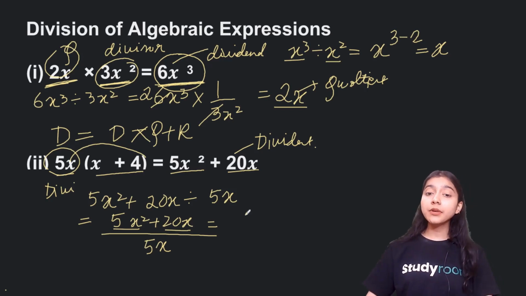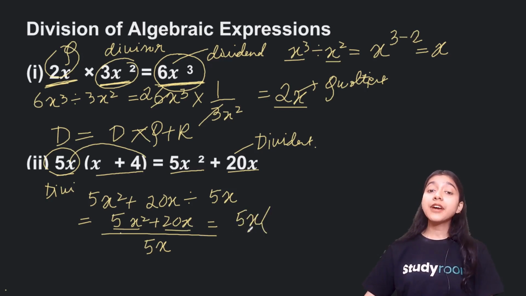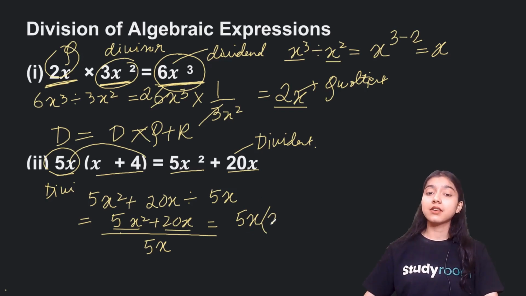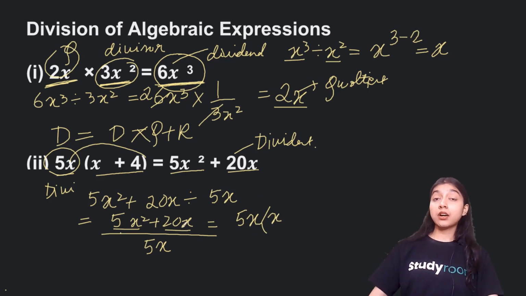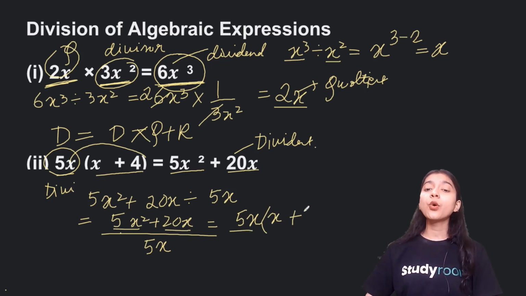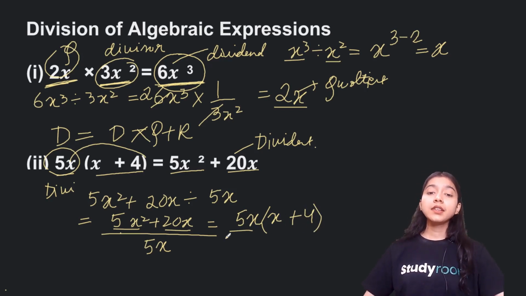We have 5 as a common factor and x as a common factor, because we have 5 in both the terms and x in both the terms. Now, when 5x has been taken common from the first term, we are left with x. And from 20x, when we have taken 5x common, we are left with 4, because 5x multiplied with 4 gives us 20x. And then in the denominator, we have 5x.